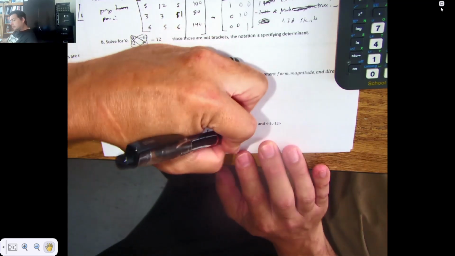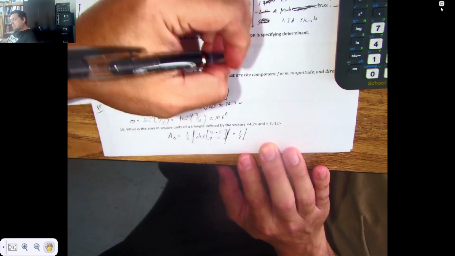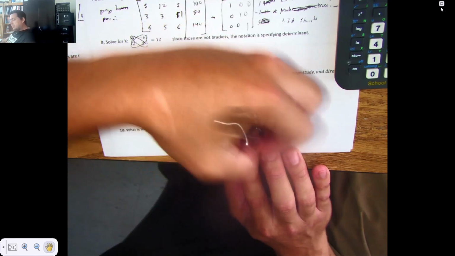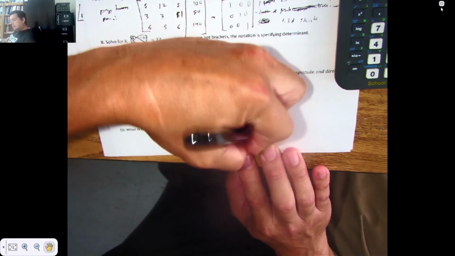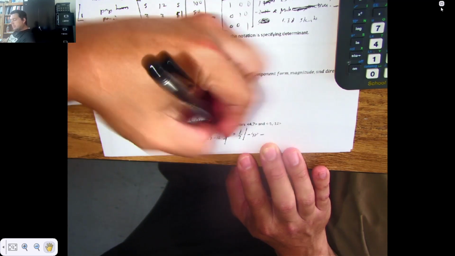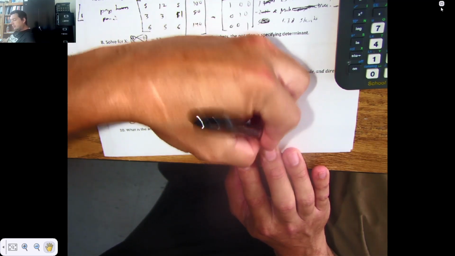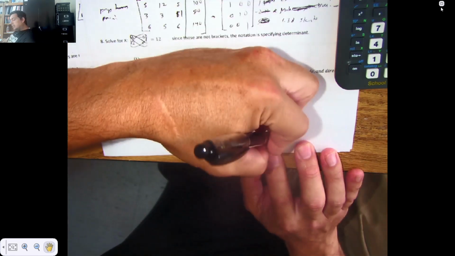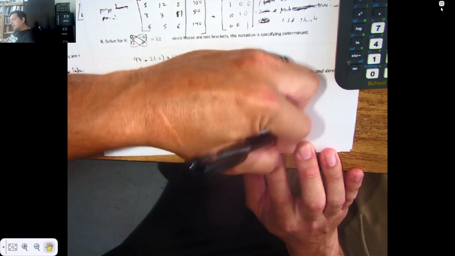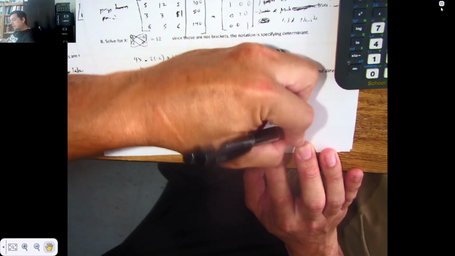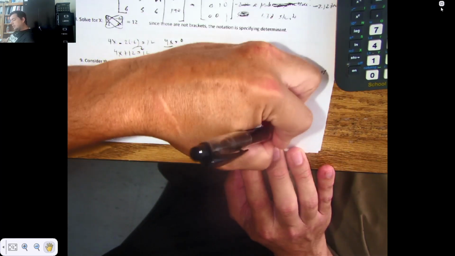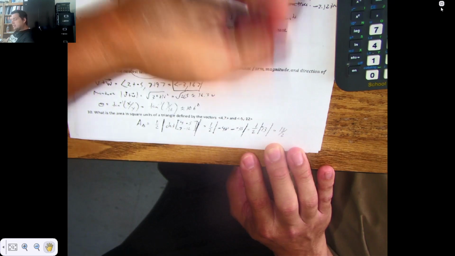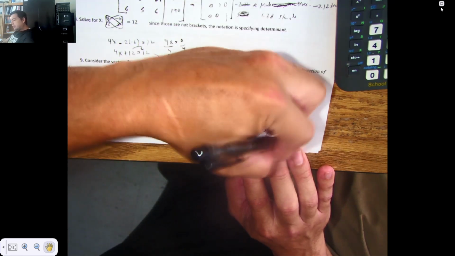And then you just figure it out. 1/2 the absolute value. 4 times -12 is -48. We're taking away 7 times -5, -35. So it's going to be a relatively small number. It's 1/2 the absolute value of -13, which is 13 over 2, because I make it positive, or 6.5, and it's square units.